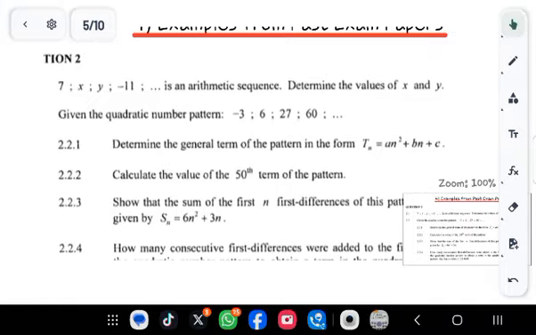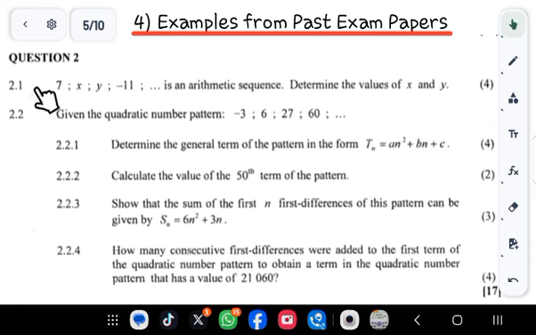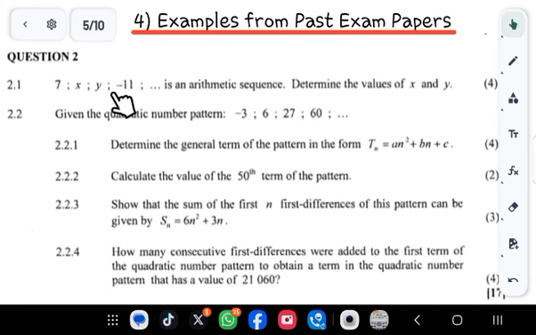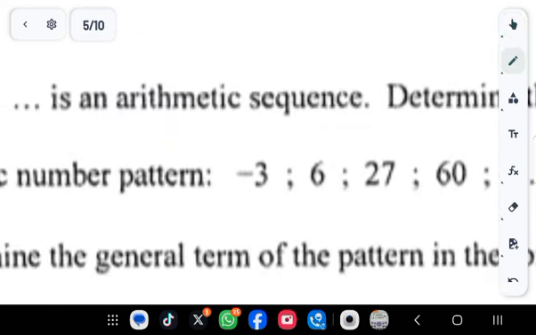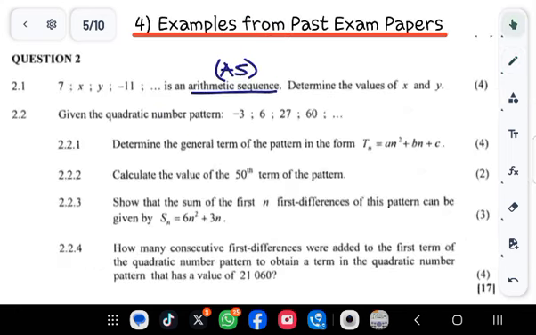Now, for examples from past exam papers, this is the last section. Let's look at question 2. 2.1 says 7, x, y and negative 11 is an arithmetic sequence. Determine the values of x and y.